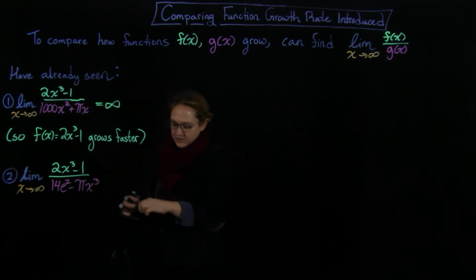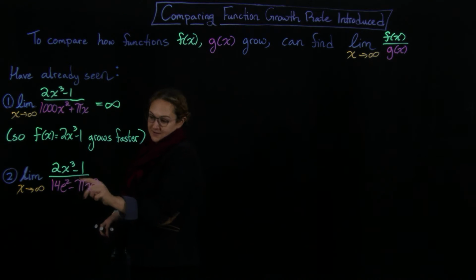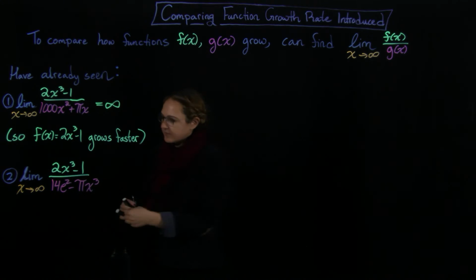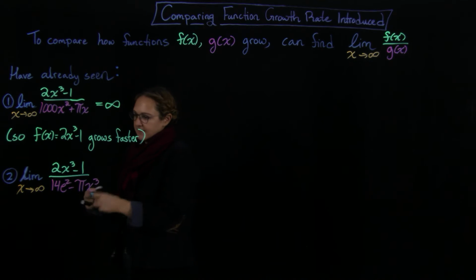Again, this is a rational function. This is a constant. This is a constant. So this is a rational function of degree 3, because that's the biggest degree there.